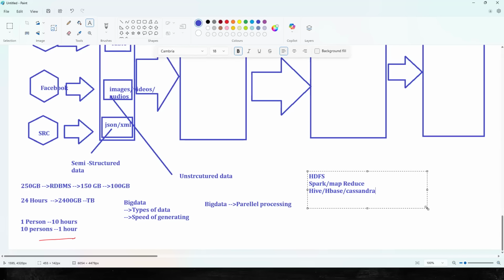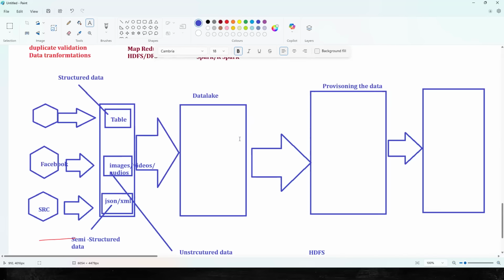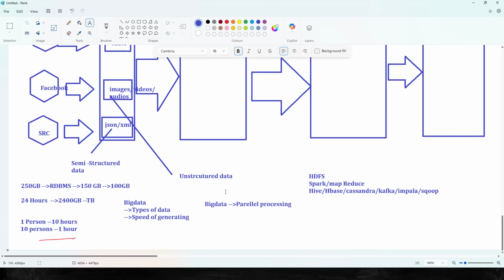There are a lot of tools. Kafka is for streaming. And then what else, guys? Impala. A lot of tools are there. Sqoop. We are not going to talk about this particular piece. Whatever is required for us, we are going to talk about. I'm just showing you how the architectures are moving.